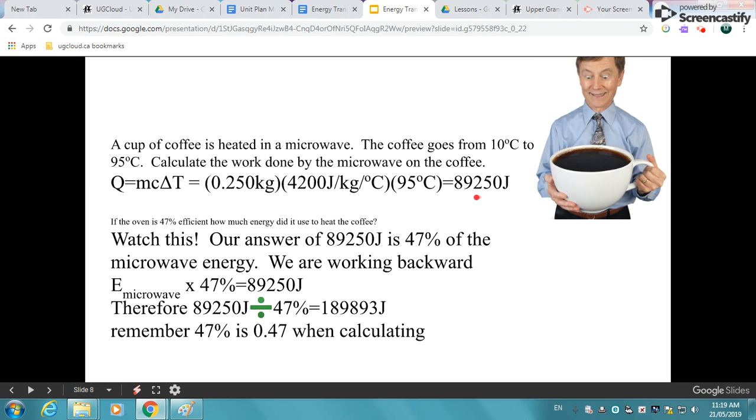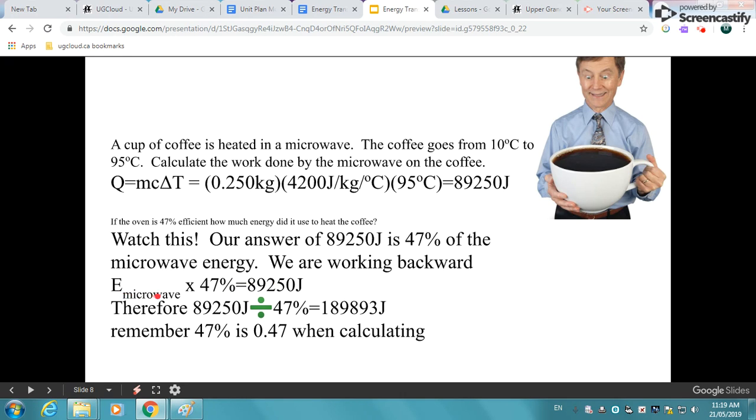So we should be floating around 180,000 joules is what the oven produced. So our answer is 47% of the microwave energy. You have to work backwards. So the total energy the microwave produced times 47% is what went into the coffee.